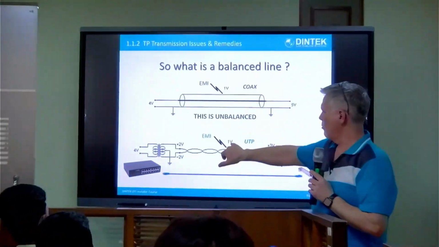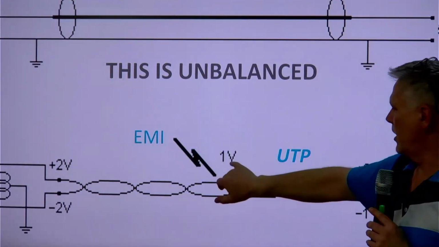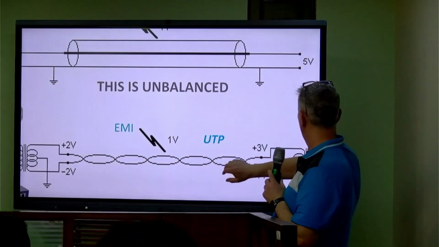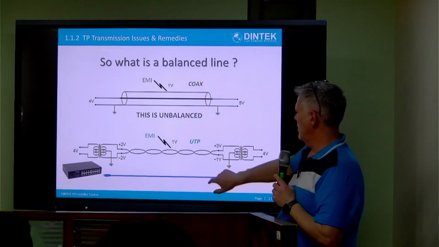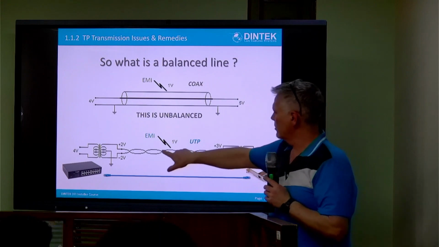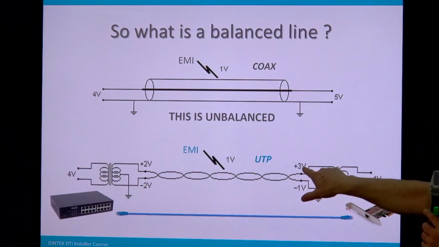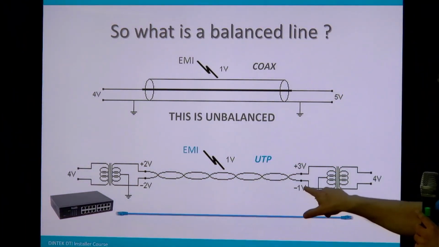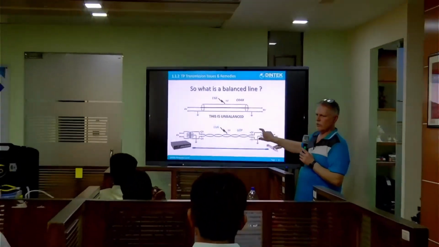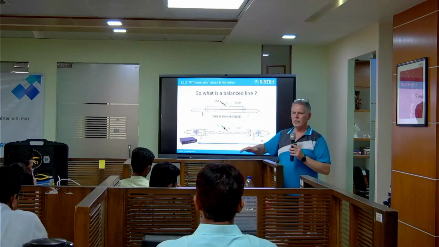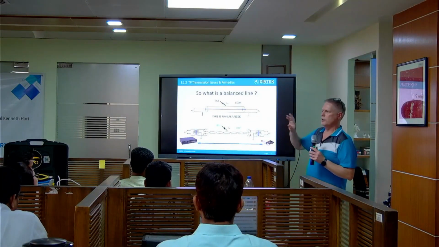If we induce the 1 volt into there, as we come out, we've gone to the +2 and increased it to 3, and the -2 increased it to -1, but we still have that 4 volt in between the two. So we're balancing out the line, stopping that retransmission of data.